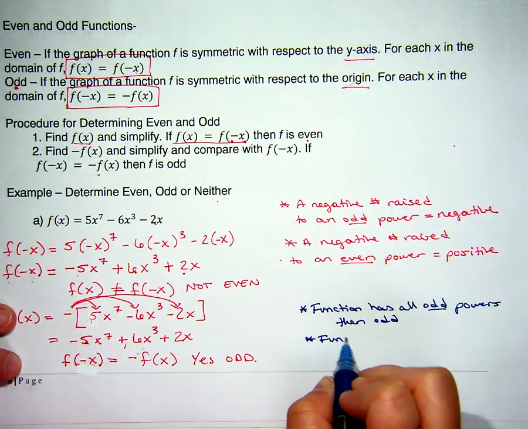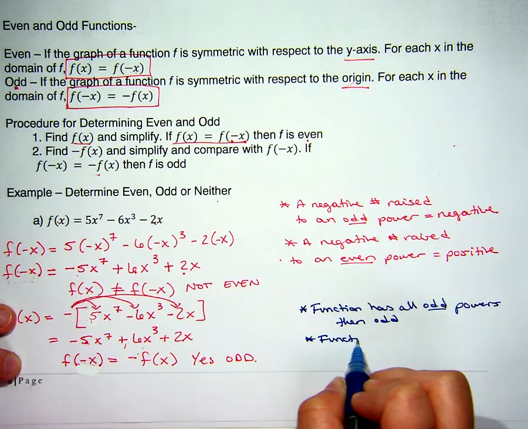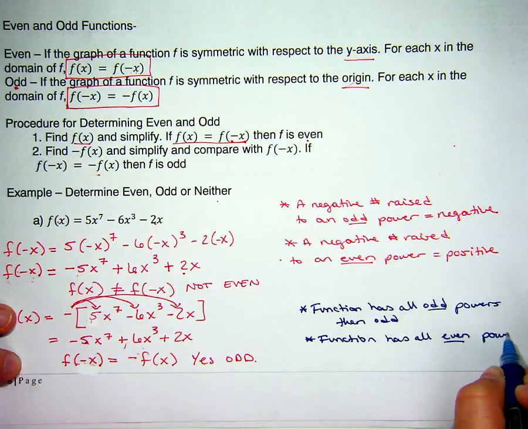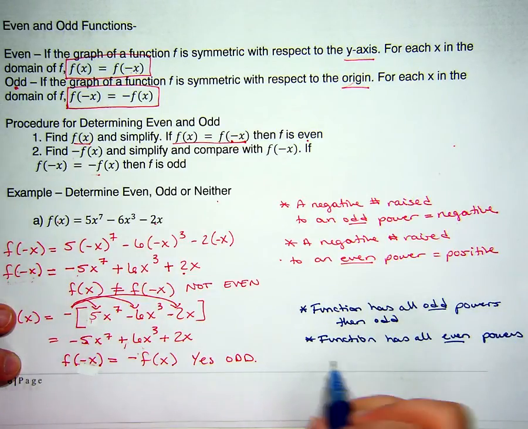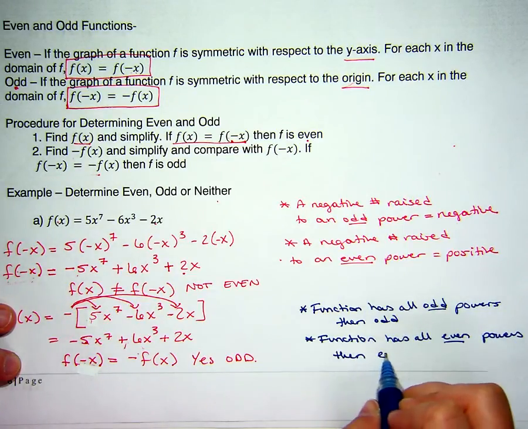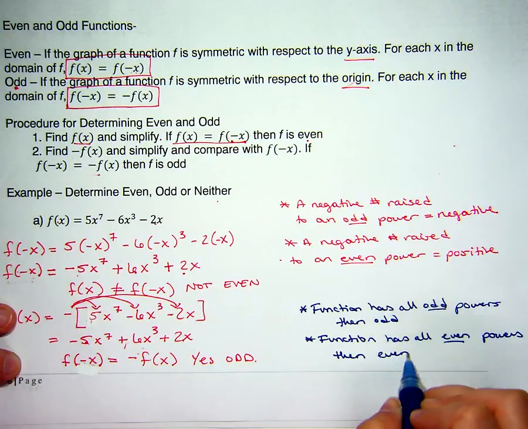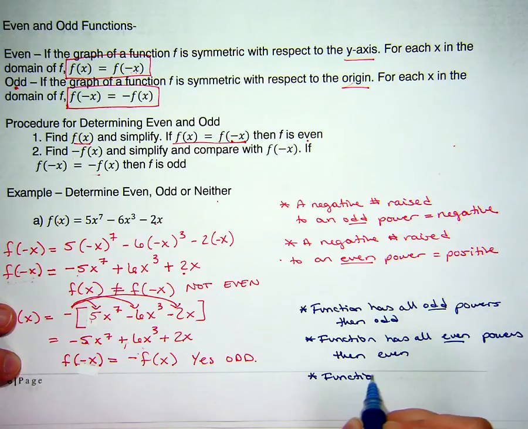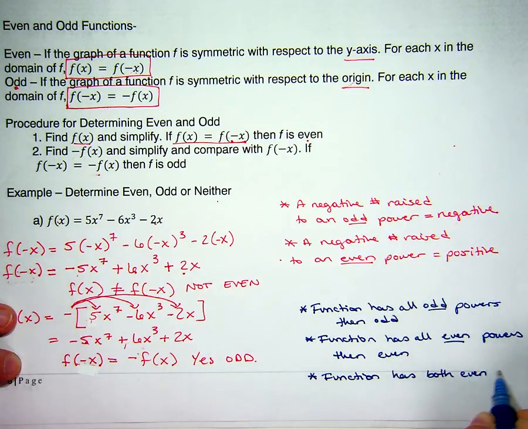If the function has all even powers, then the function is even. And you can probably guess the next one. If the function has both even and odd powers, then it's neither.